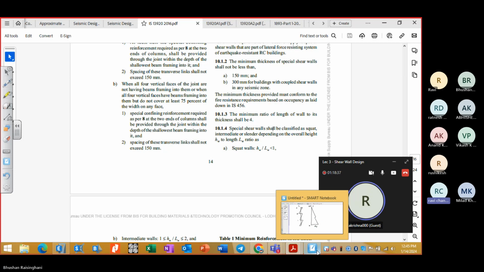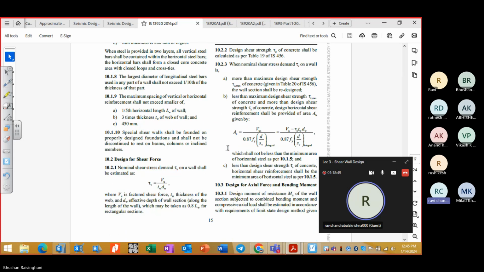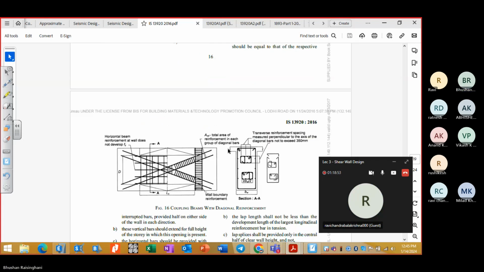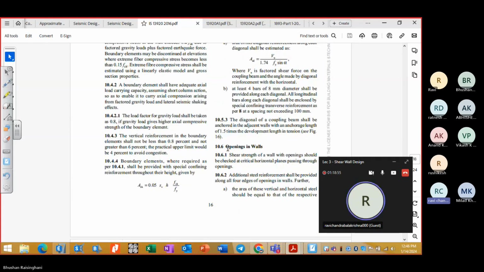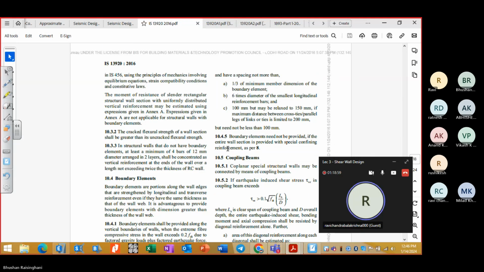Can I ensure that the entire system is coupled, or should the depth be sufficient? I want to ask if there is any specific depth to get the coupling action.